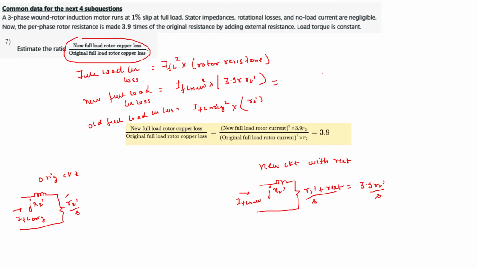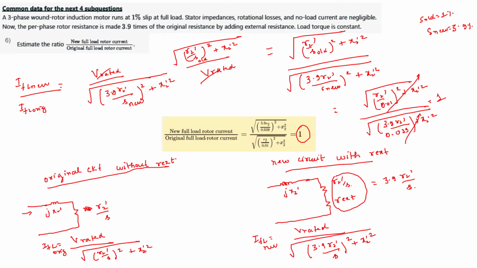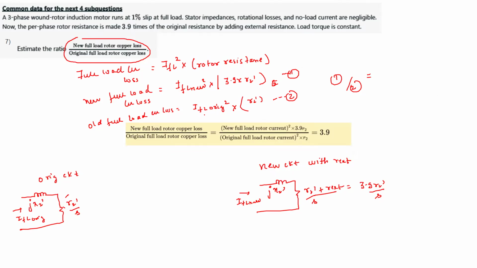So this is the ratio of these two, new by old. Because we saw the ratio of the full load current new and full load current original is 1, the ratio of the squares will also be 1. So this will be 1 into 3.9 R2' by R2', which is 3.9.